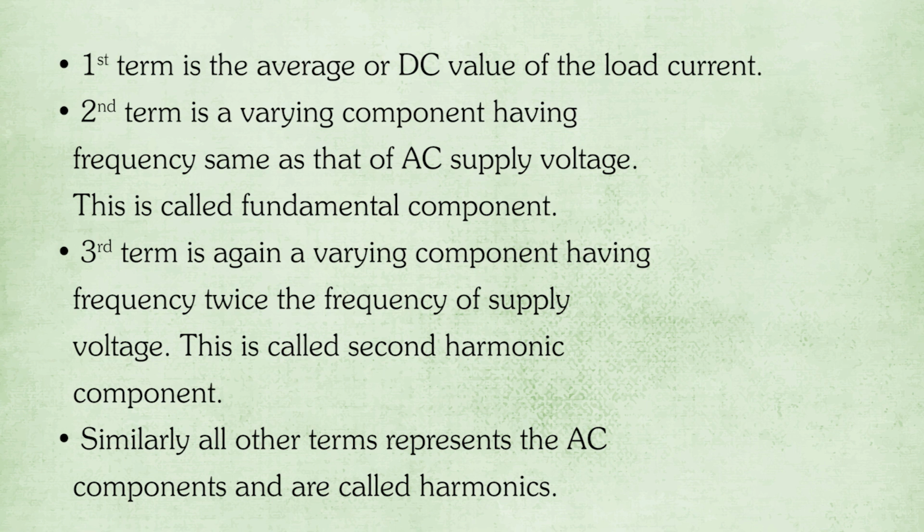Now, the third term is again a varying component having frequency twice the frequency of the supply voltage. This is called the second harmonic component. Similarly, all other terms represent the AC components and are called harmonics. So, the first term will be the DC value of the load current, the second is the fundamental component, and after that all the components are the harmonic components.